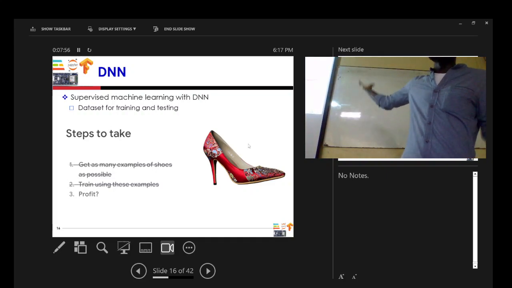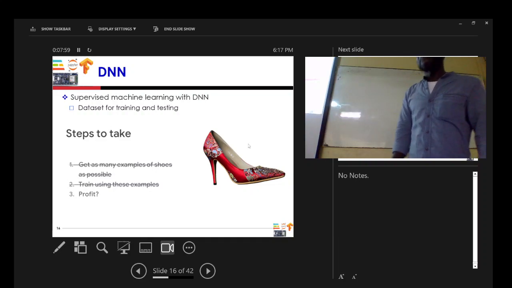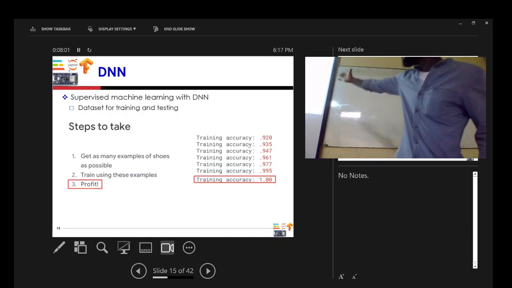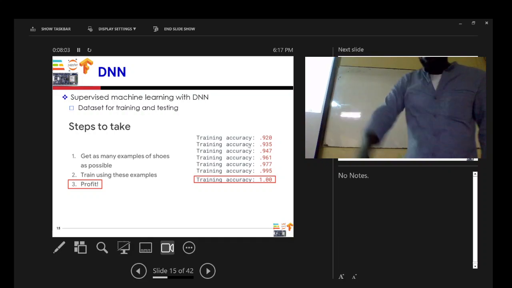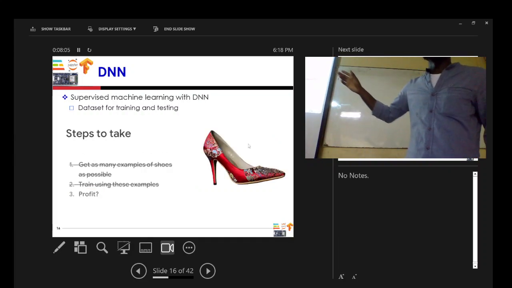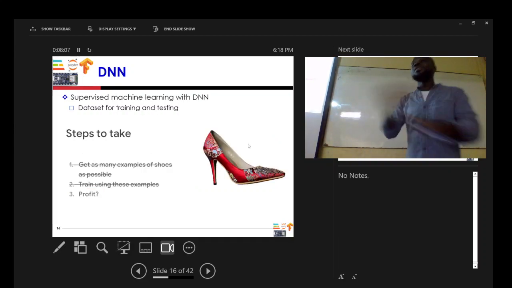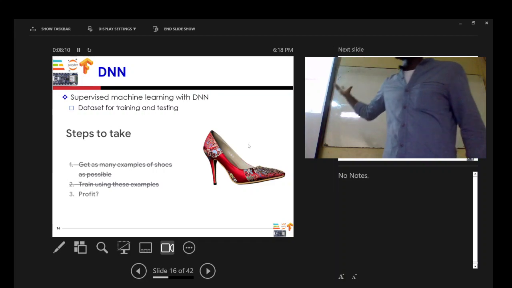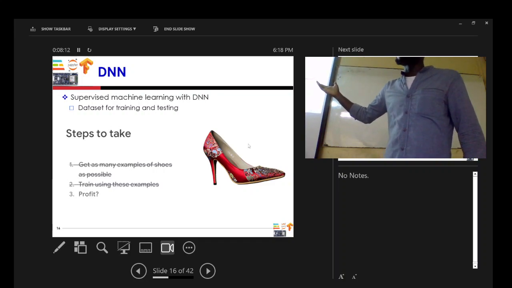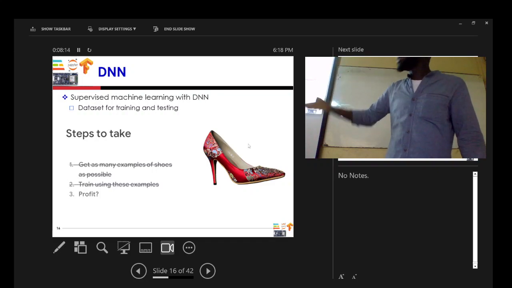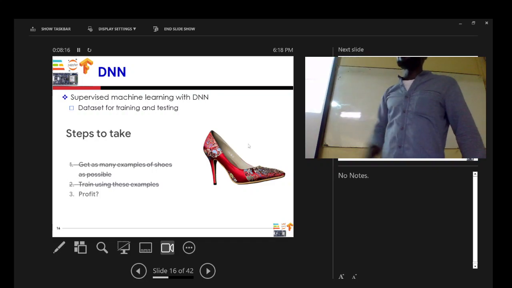This is a shoe, right? But it fails. Here it gave you 100% accuracy, but if you give it a shoe like this, then you know that you have an issue. It doesn't know what this is. Why? Because you have not trained it with this kind of shoes.